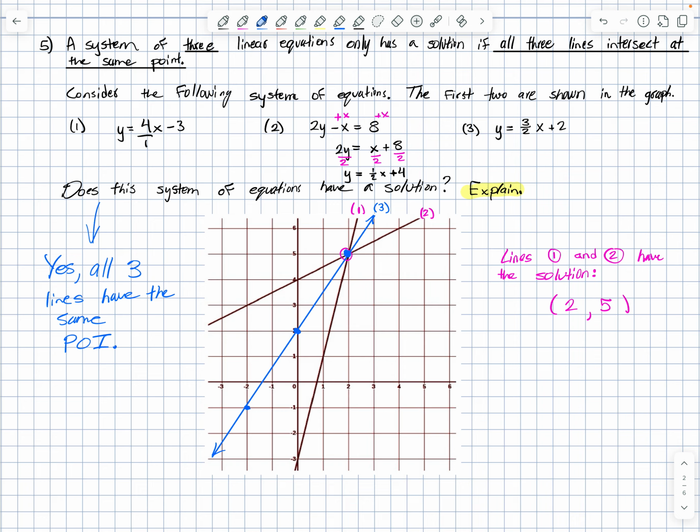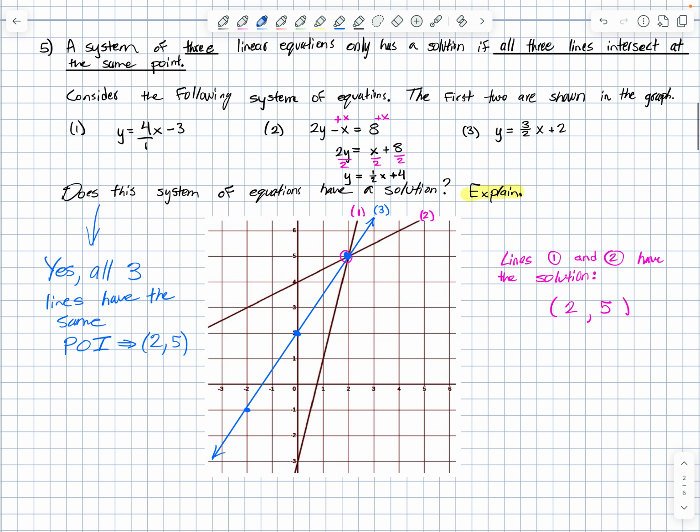So when I graphed the third line, it went through the solution for the 2 lines as well. So it went through that point 2, 5. And that point of intersection, I could say, is (2, 5).